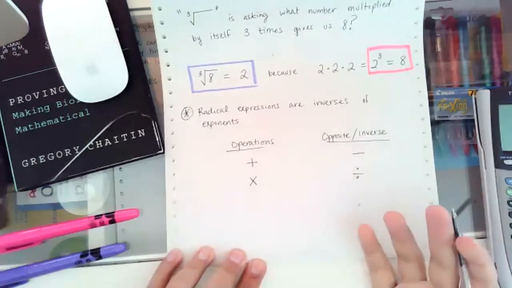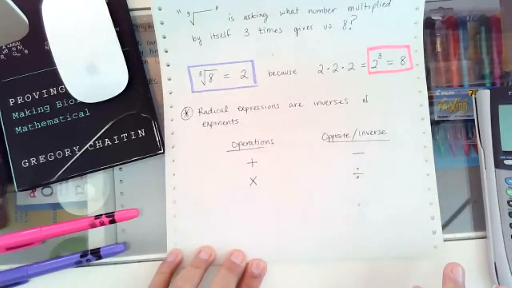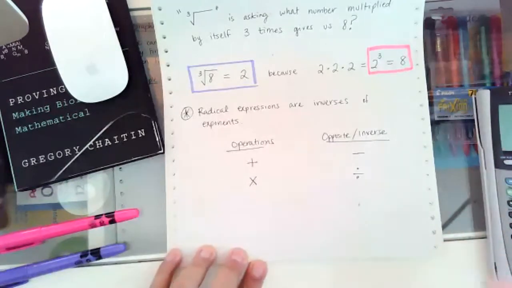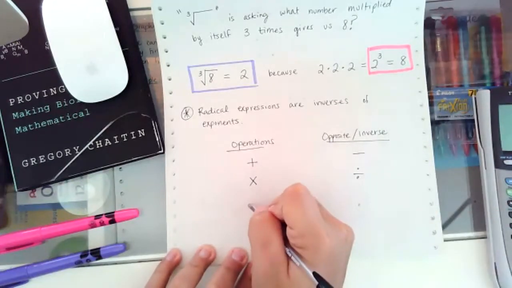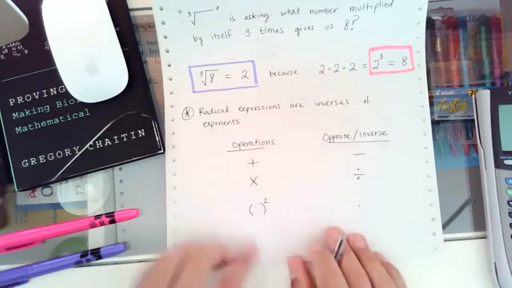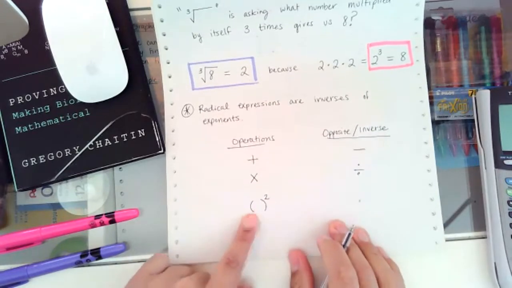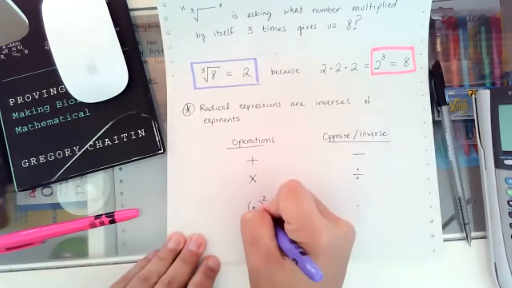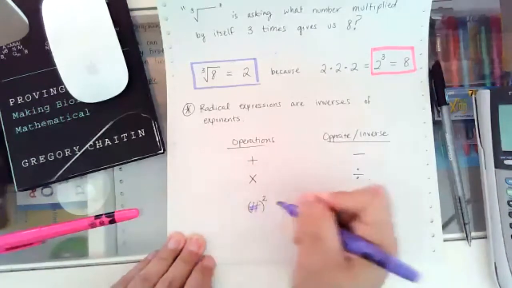Well, now in your arsenal of operations, you should start to commit this to memory: when you raise something to a power, let's say I put a number raised to the second power, and this could be any number, which is why I put parentheses there, but I'll throw the number symbol.